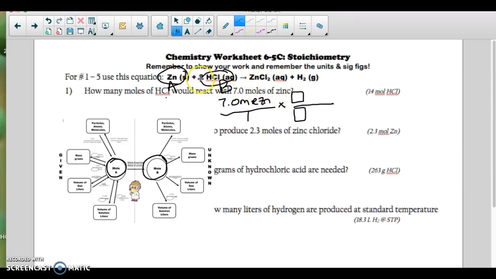So this time we're going to use a 2 from the balanced equation. So there's 2 moles of HCl. I want to put my B on the top, and then I'm trying to get rid of the zinc, and you can see it'll cancel if I put the 1 mole of zinc here. So it's really then 7 times 2 with 2 sig figs. The answer would be 14.